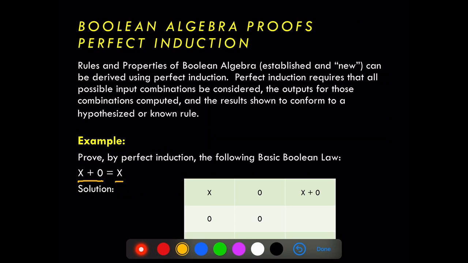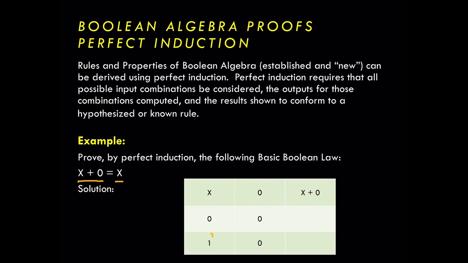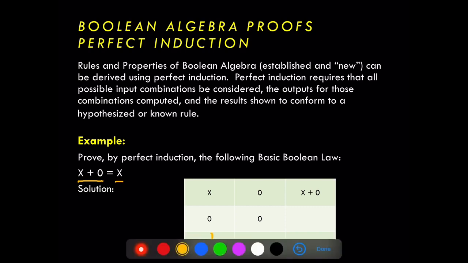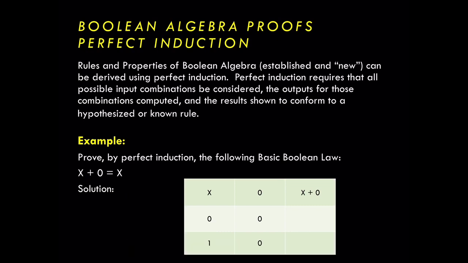In this example, there's only one input variable, so the two input combinations are 0 and 1. In the first case, when x is equal to 0, 0 or 0 is equal to 0. And when we look at 1, what we see is that 1 or 0 is equal to 1.